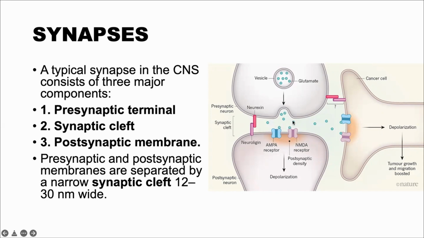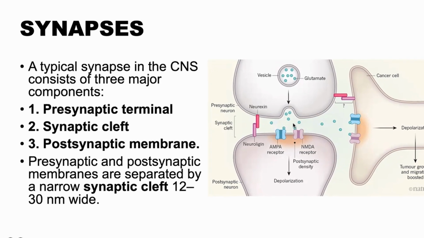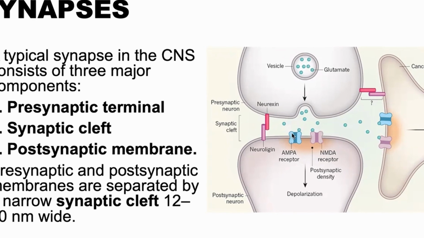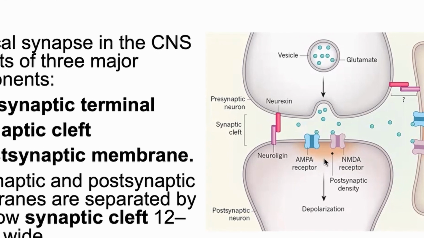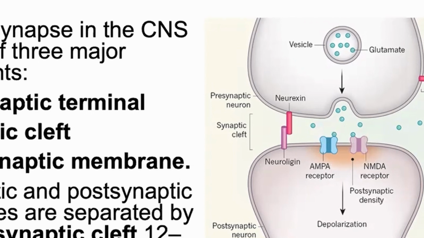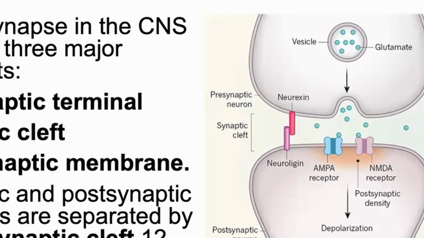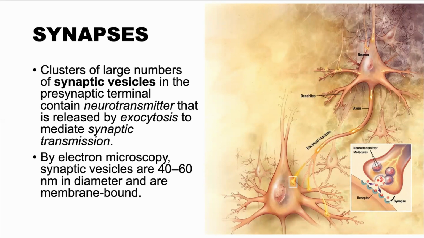Sometimes, as I said, it can be released in vesicles, where it binds to the receptor on the postsynaptic membrane or the cell itself, and this will stimulate that cell to do something. So for example, at the neuromuscular junction, it would stimulate muscle contraction, in a more complicated way, obviously. This is just saying that neurotransmitter is released by exocytosis, something that we've covered before.